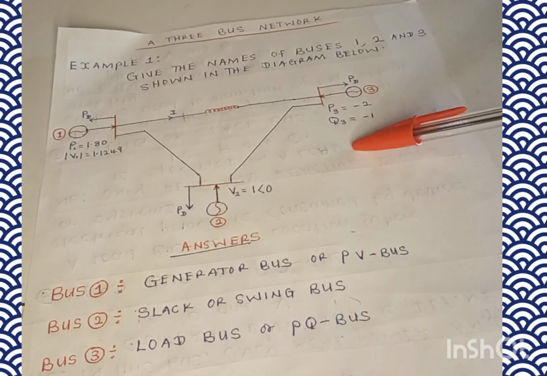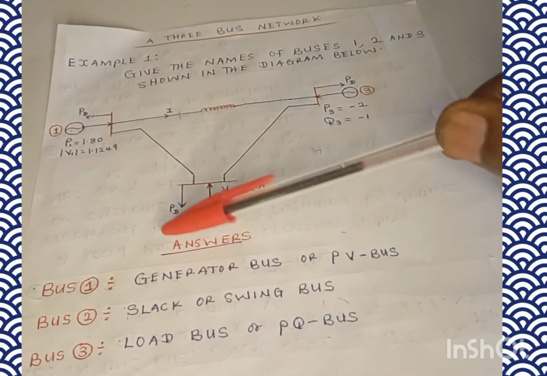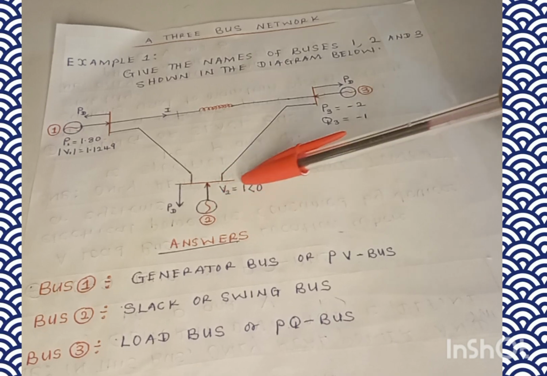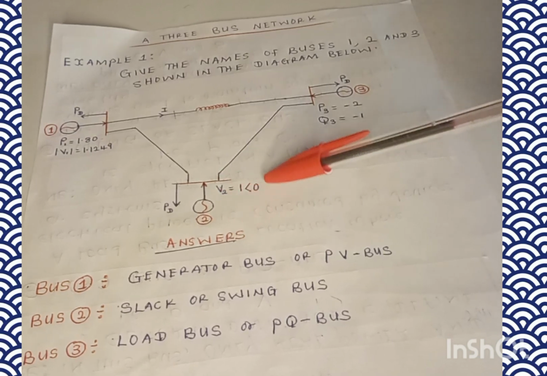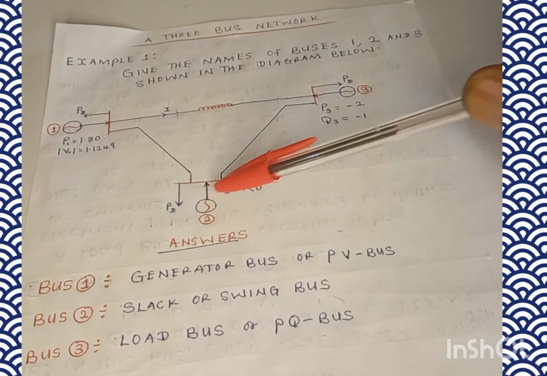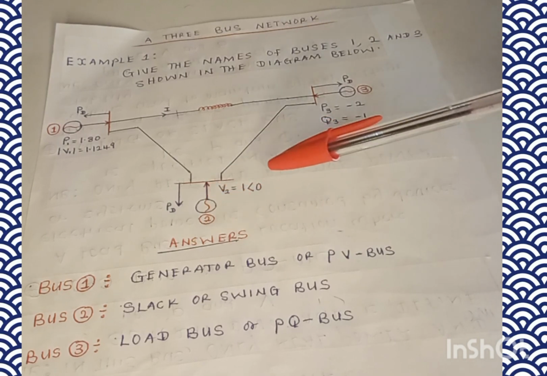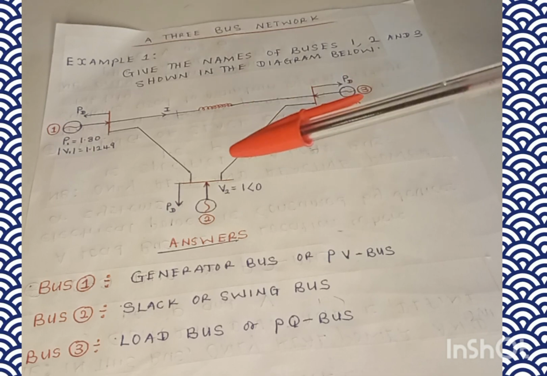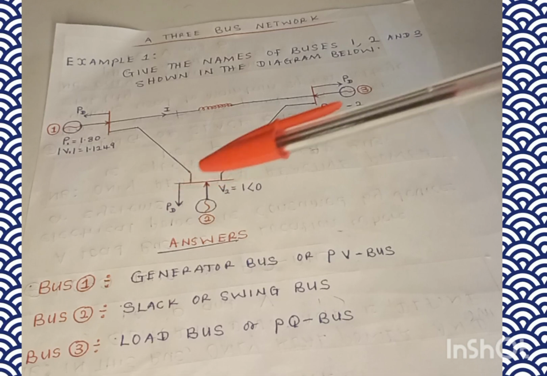In bus 2, we have the magnitude of the voltage V2, which is 1, and the phase angle is 0. So for the fact that we have the voltage and the phase angle, definitely we're driving at a slack or swing bus.